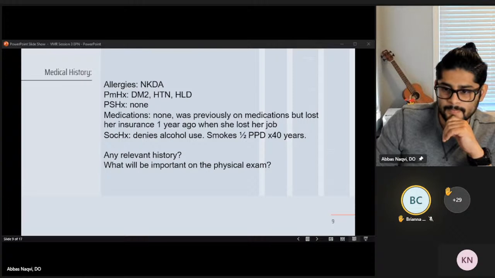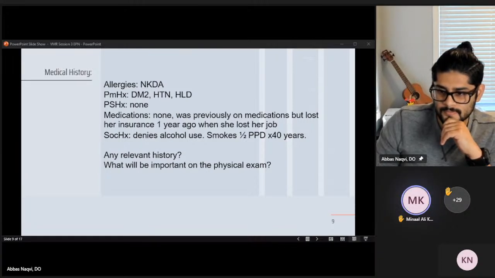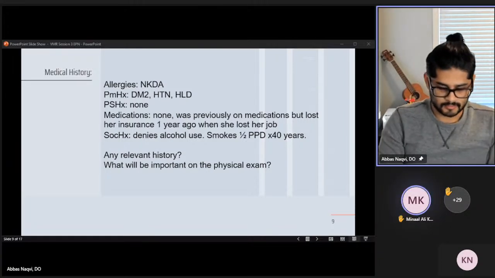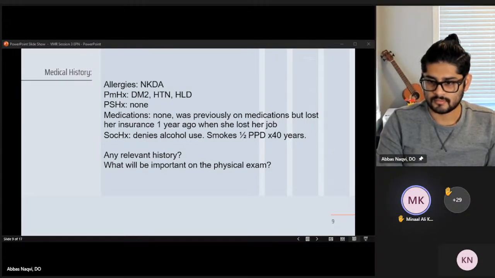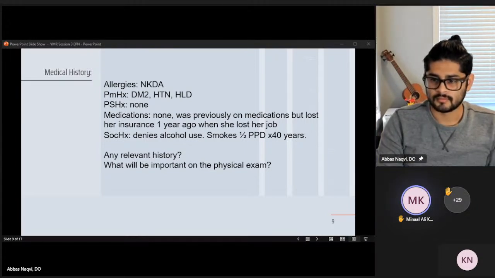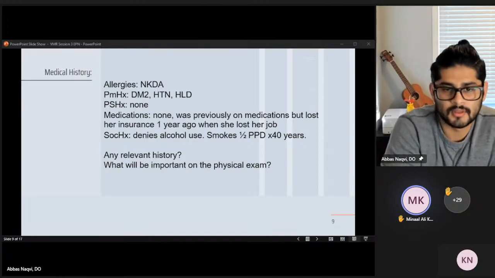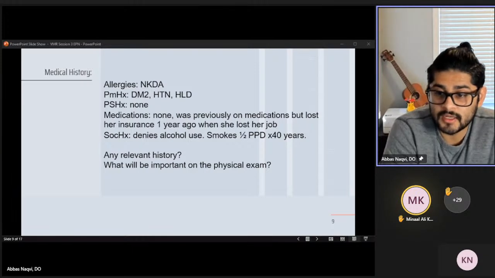Yeah, I have another question. So if she also has blood in her urine and burning in the urine, when you do a physical exam, would you also look at her vagina, do a vaginal examination? Yeah, you can.